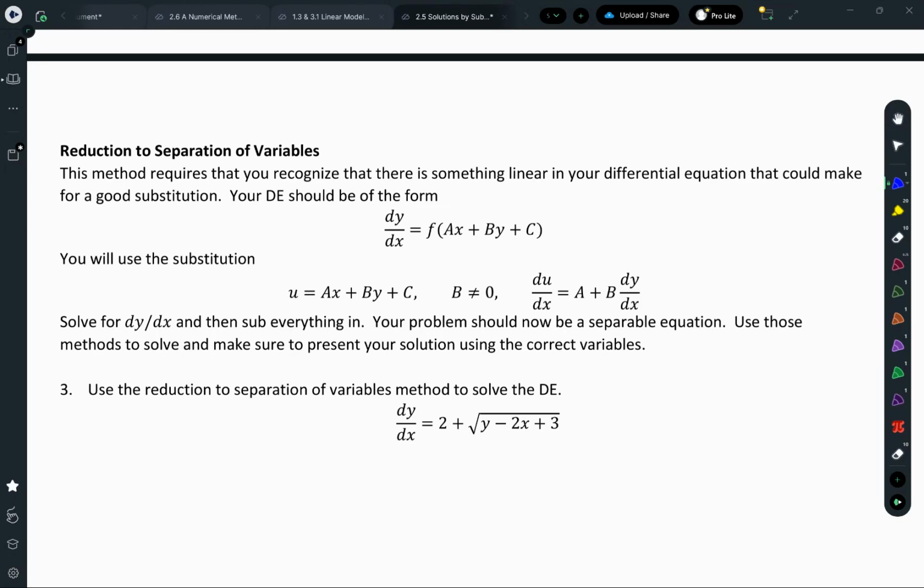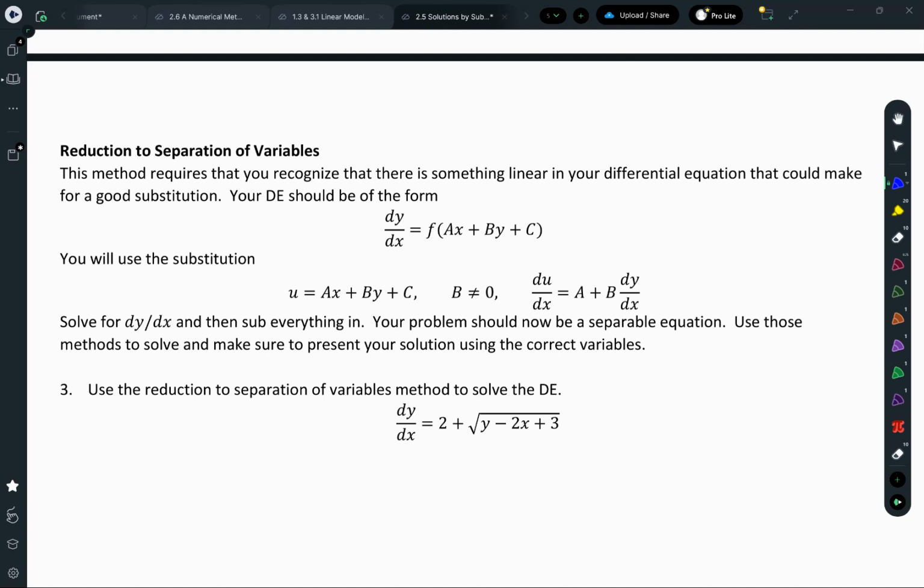Like we would see ax plus by plus c somewhere, where b can't be 0, a could be 0, and c could be 0. But the point is we're seeing this linear expression in terms of x's and y's, and it's making it impossible for our equation to be linear or separable.